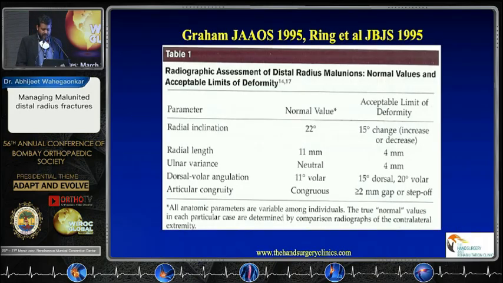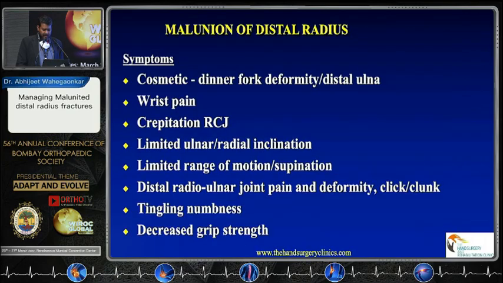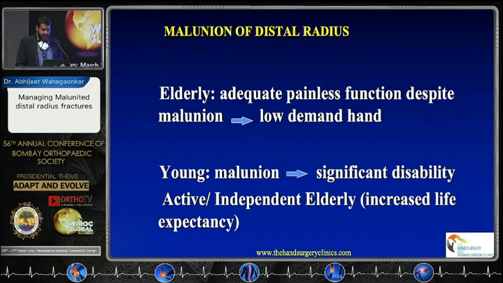This paper talks about the acceptable limits, whereas clinically the patient will present with either a cosmetic deformity or several different aspects of function being compromised, right from wrist pain to loss of grip strength, and sometimes even paresthesia because of median nerve compression.